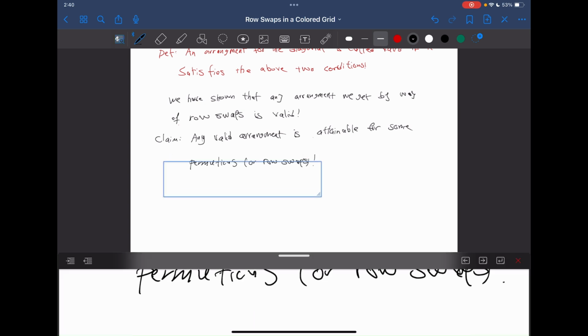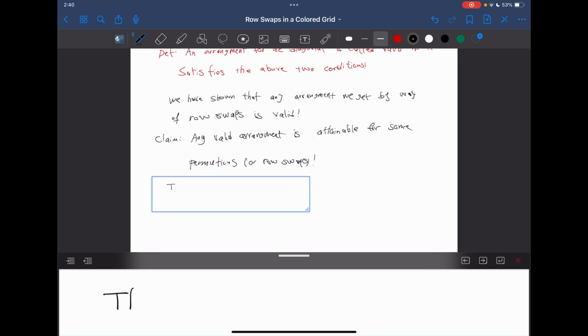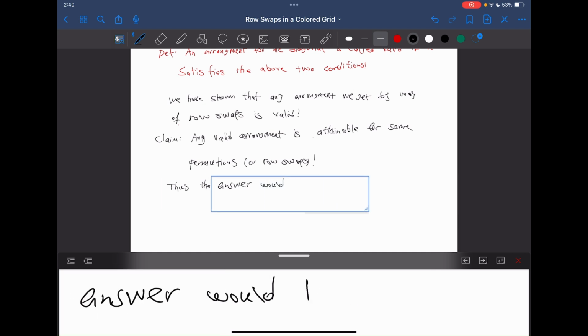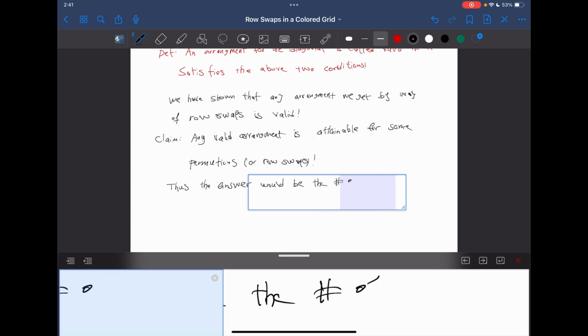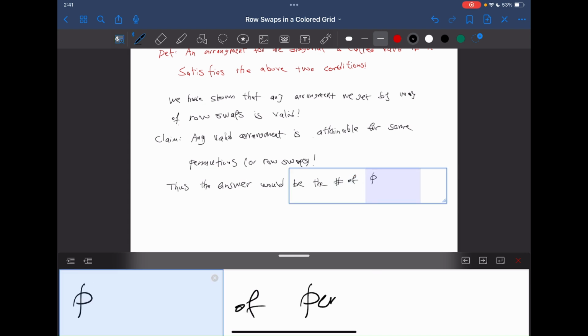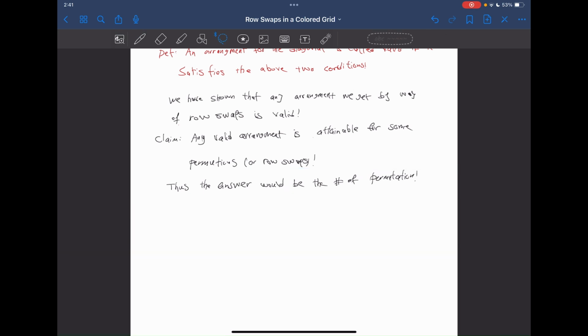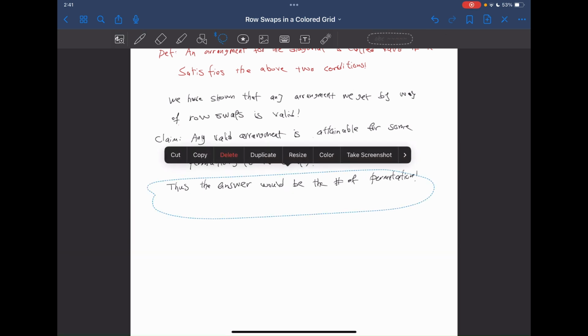The number of valid permutations, thus, would be the answer. Note that I'm using the terms permutation, row swaps, and arrangement interchangeably, because as I discussed before, all of these are equivalent.